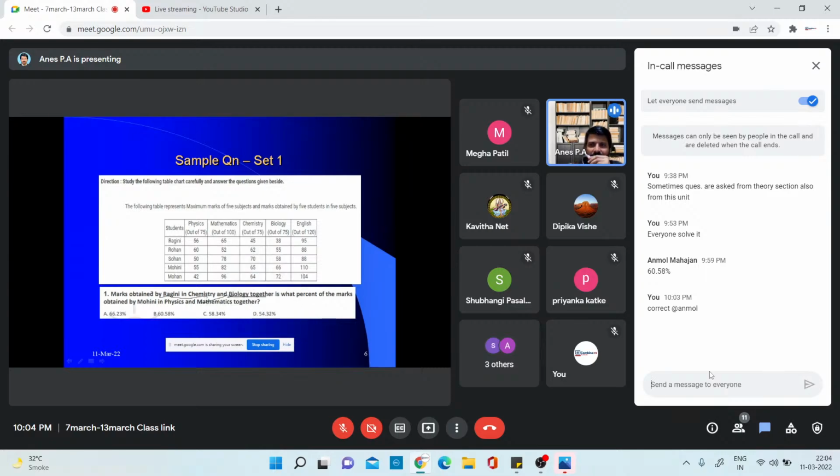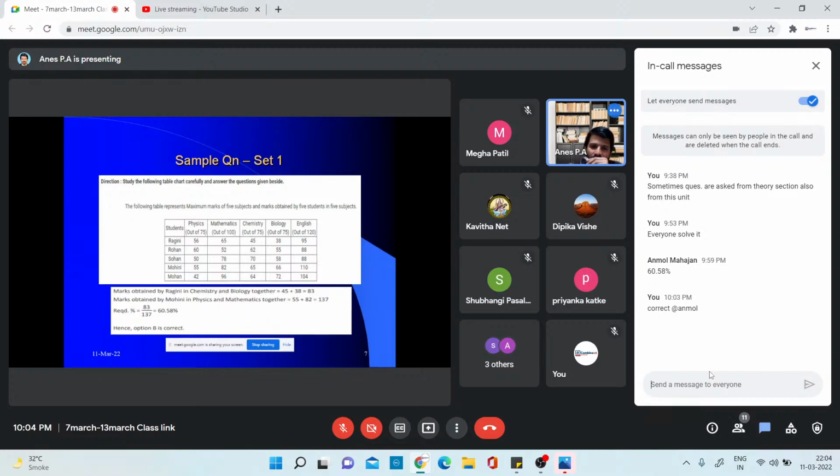So we find the total mark of Ragini and then the total mark of Mohini. Then the required percentage is 83 by 137. Actually, this is a simple question.